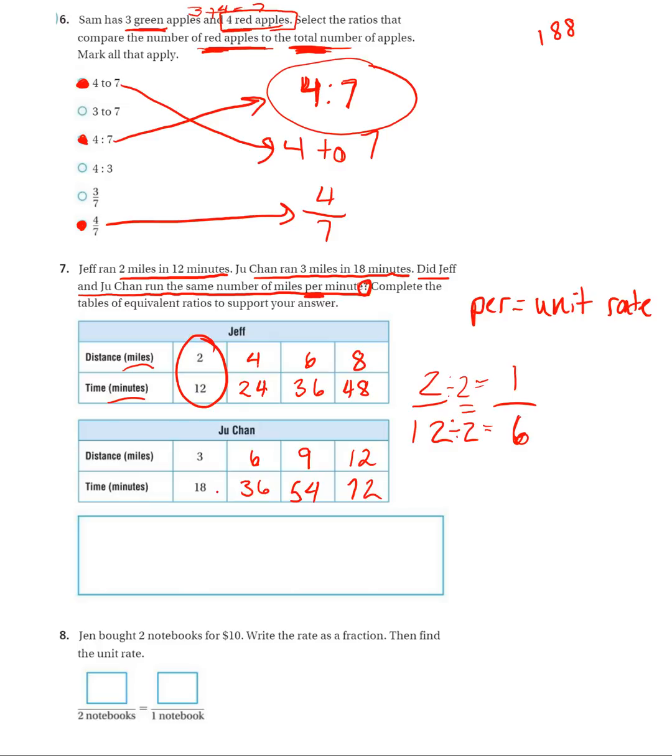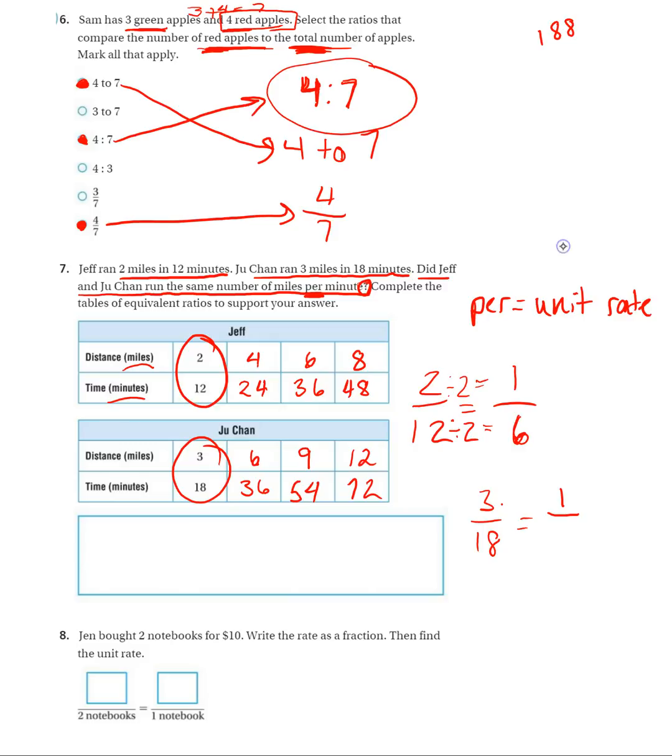Okay, let's look at Ju Chan. Again, I'm going to grab his first ratio, 3/18. And I want to do the unit rate, and for this particular problem, I do want the one on top just because it's going to give me much easier numbers to work with. I won't have to use decimals. So to make the 3 a 1, I have to divide it by 3. 3 divided by 3 is 1.